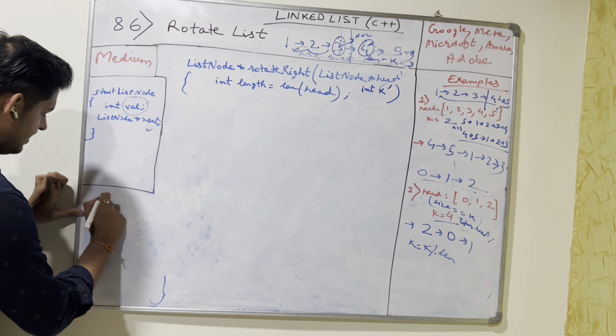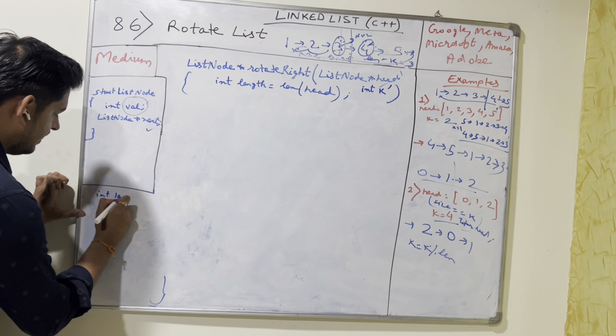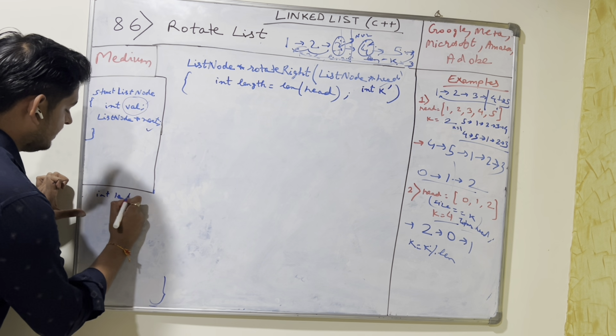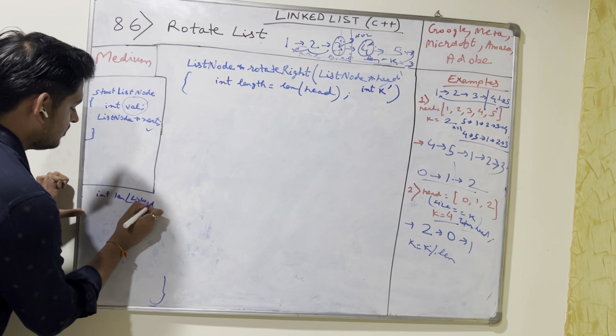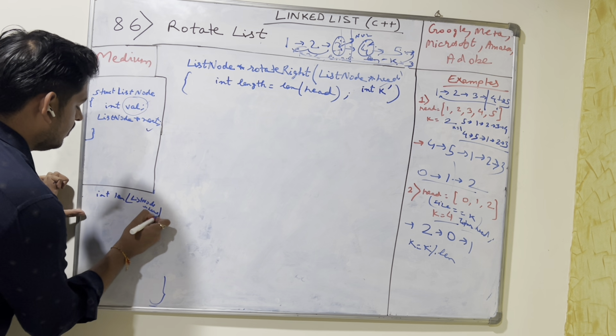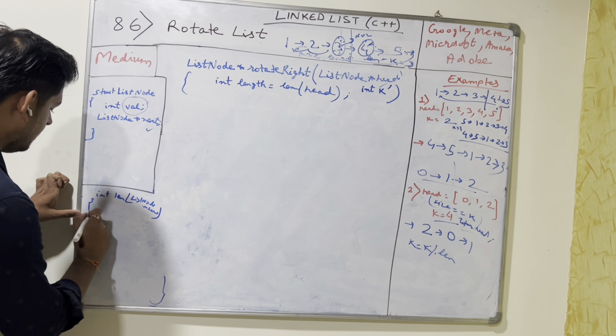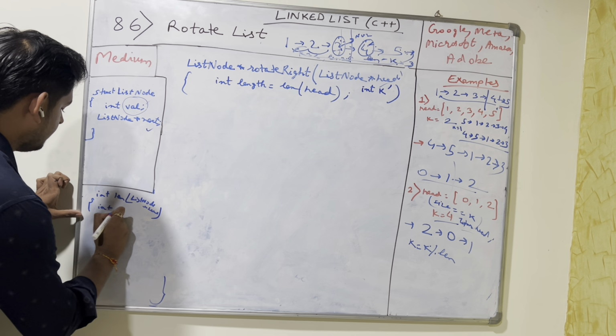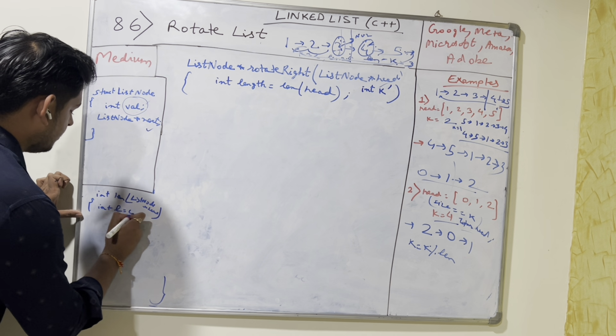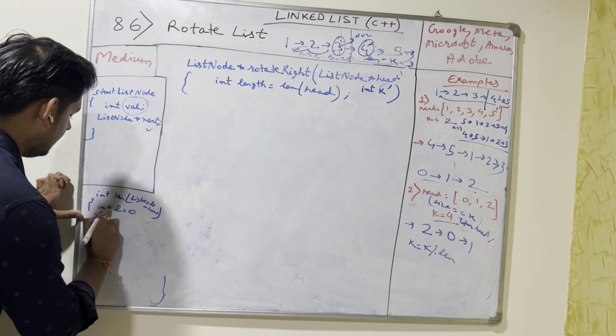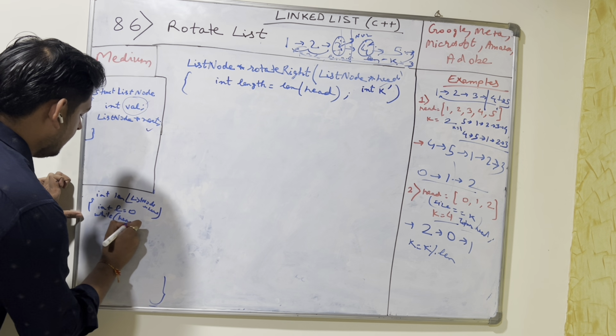Let me code it here: int len, ListNode* head. What will we do? int l is equal to 0, while head is not equal to null.